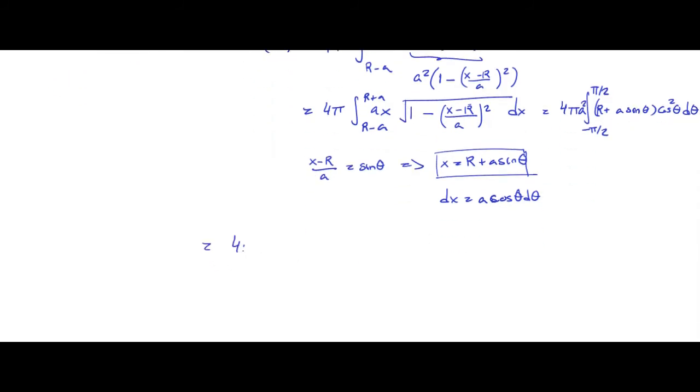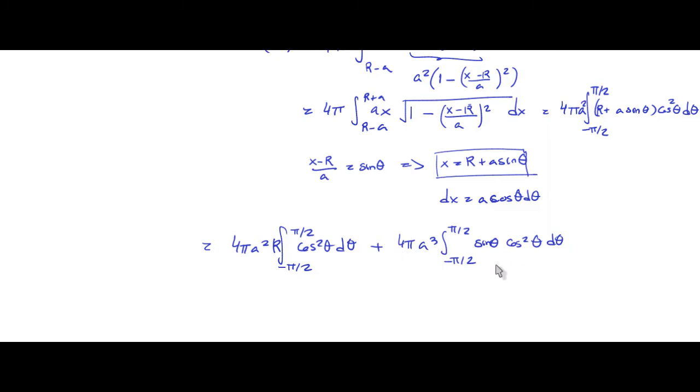Now we have 4 pi a squared, right? And we can separate this into the first one, r times the cosine squared of theta d theta, and then plus 4 pi a cubed, integral from minus pi over 2 to pi over 2 of the sine of theta times cosine squared of theta, right?